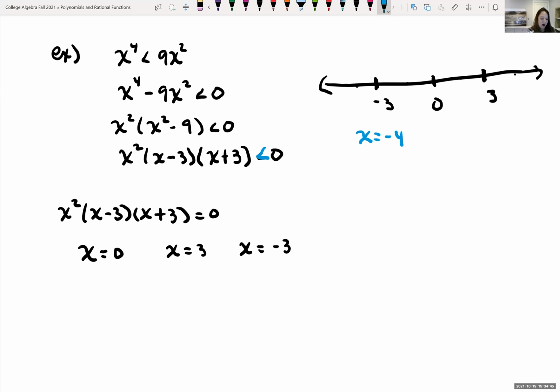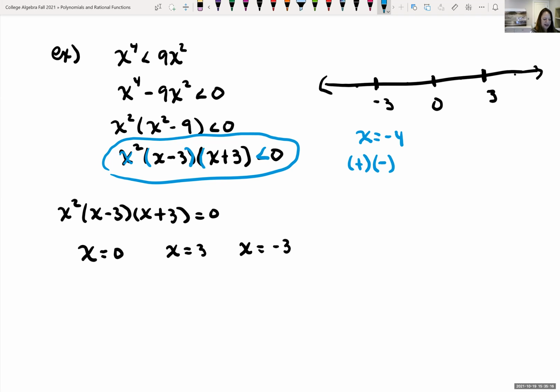And so really all we care about is, do we have a positive number or do we have a negative number back? And so let's just think about it with this factored form. If I take negative 4 and we square that quantity, well, negative 4 times negative 4 is positive 16. So that's a positive number. If we plug in negative 4 for x here, so we have x minus 3, and plugging in negative 4, that's going to make it a negative number.